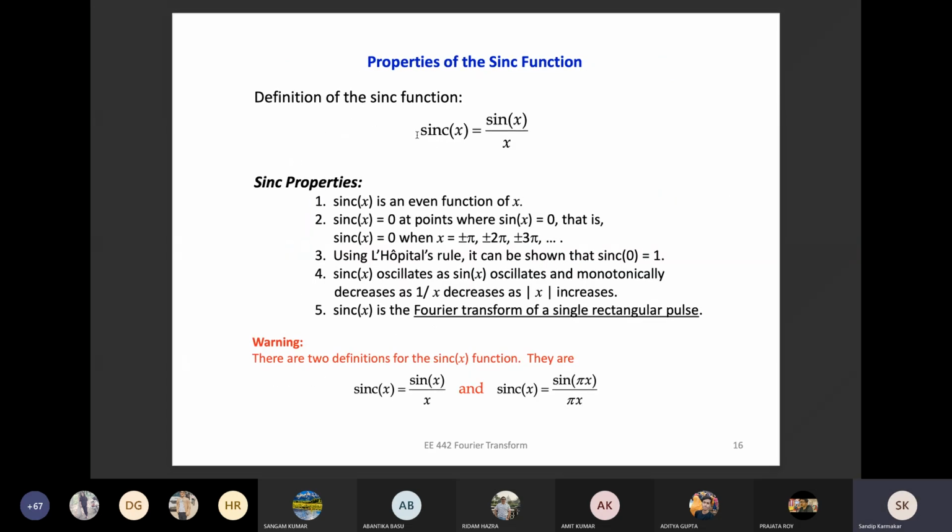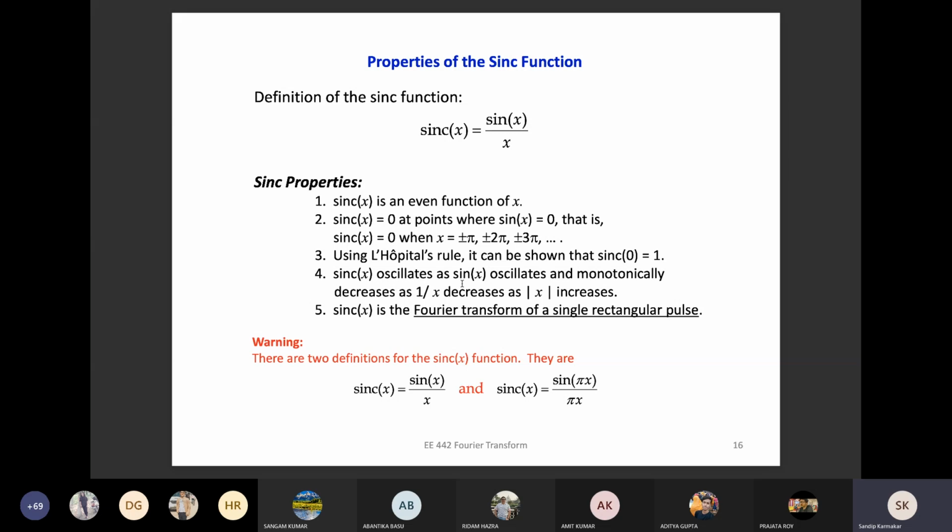Properties of the sinc function. Sinc x equals sin x by x. Sinc x is an even function. Sinc x equals 0 at points where sin x equals 0, that is, when x equals plus minus pi, plus minus 2 pi, plus minus 3 pi, etc. Using L'Hopital's rule, it can be shown that sinc 0 equals 1.